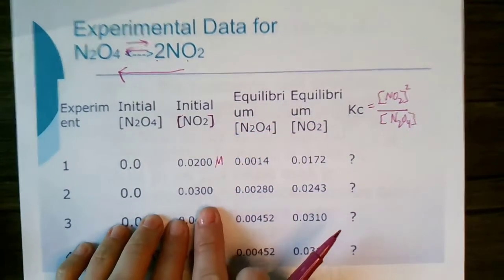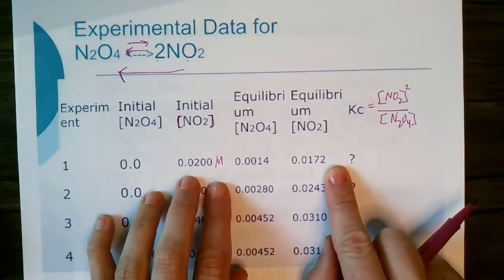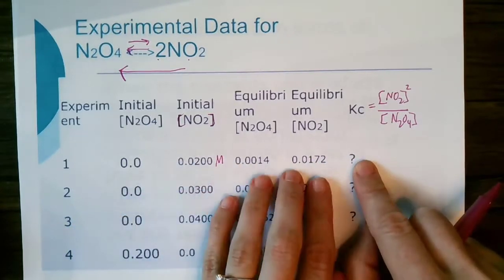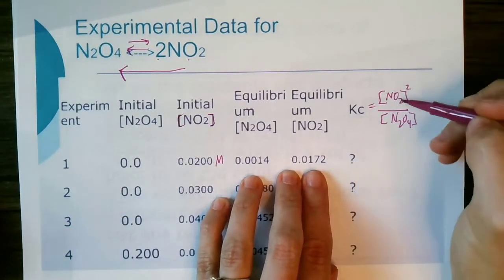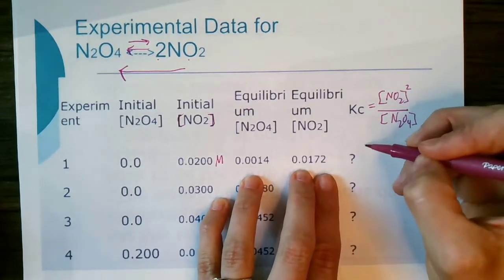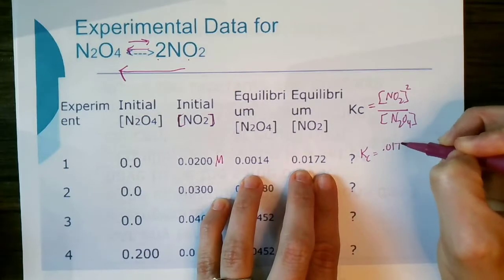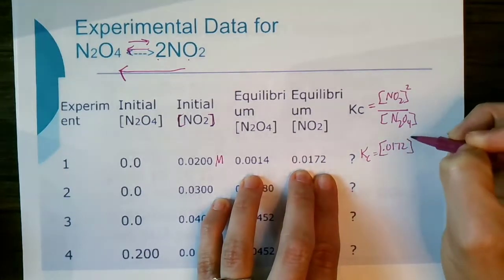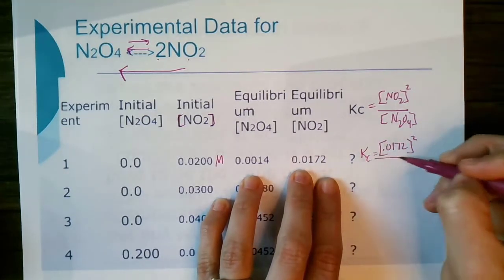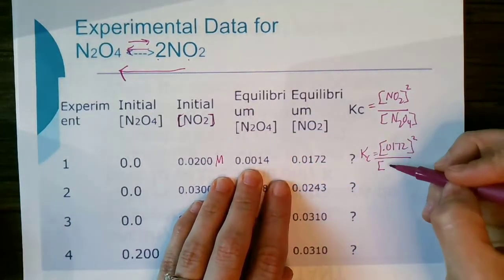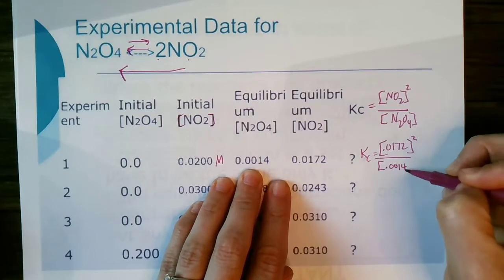So for number 1, notice I initially started with 0.02 molar. So we're going to do our products, our NO2, so Kc is equal to 0.0172 squared over the concentration of N2O4, which is 0.0014.